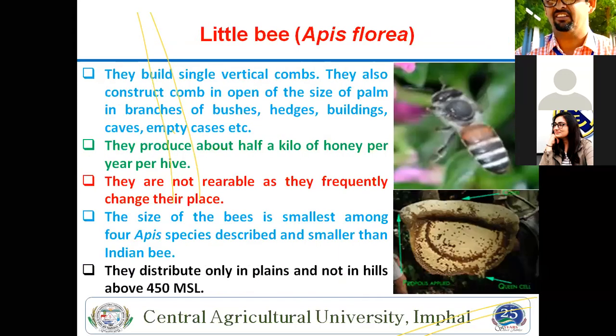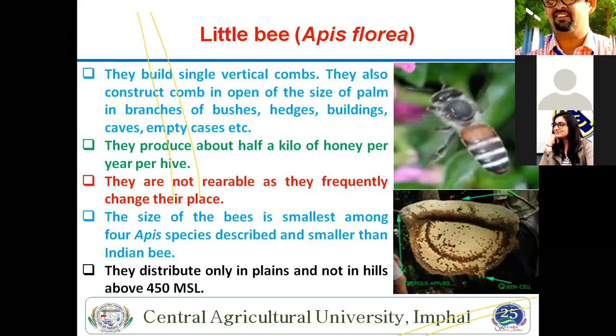Another is the little bee, which is not domesticated, but it is another species, and it is the smallest species. It makes a single comb, and it is found in bushes, hedges, and buildings. It is found in open areas, and Apis dorsata is also found in open areas. The Indian bee and Apis mellifera, the Italian bee, are found in closed areas, not in open areas.